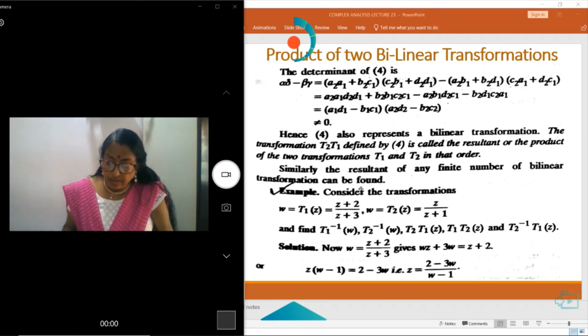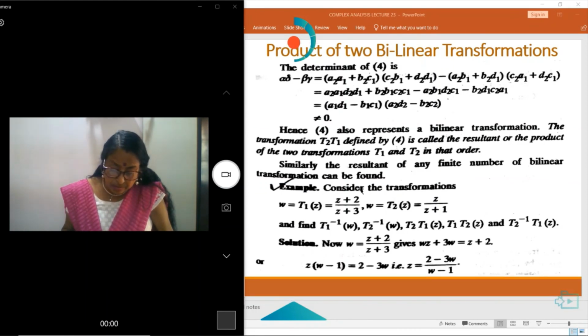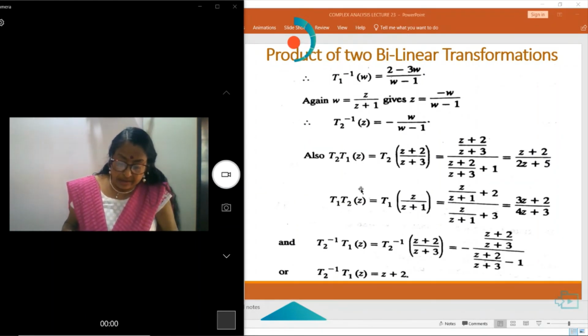Then tau 2 tau 1 z can be written as shown on your screen. Similarly, tau 1 tau 2 z is calculated as shown in the figure. Again, tau 2 inverse tau 1 z is calculated, and tau 2 inverse tau 1 z is equal to z plus 2.